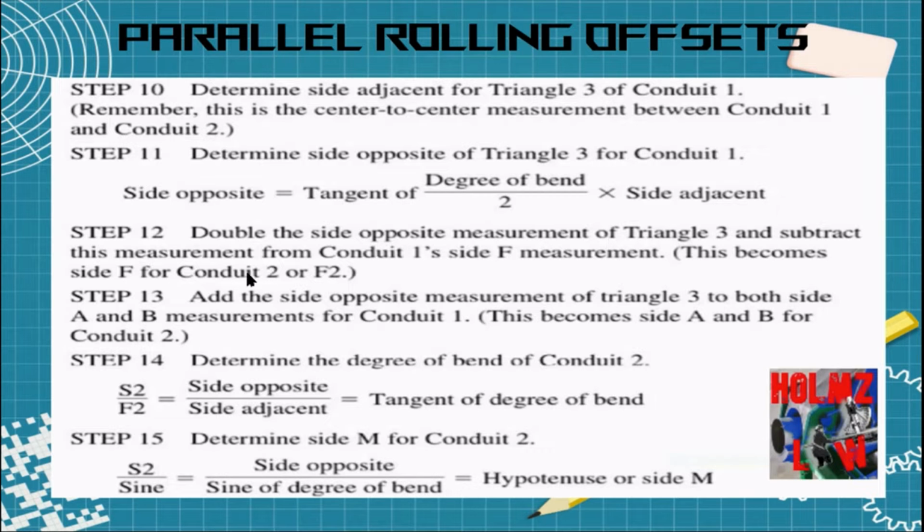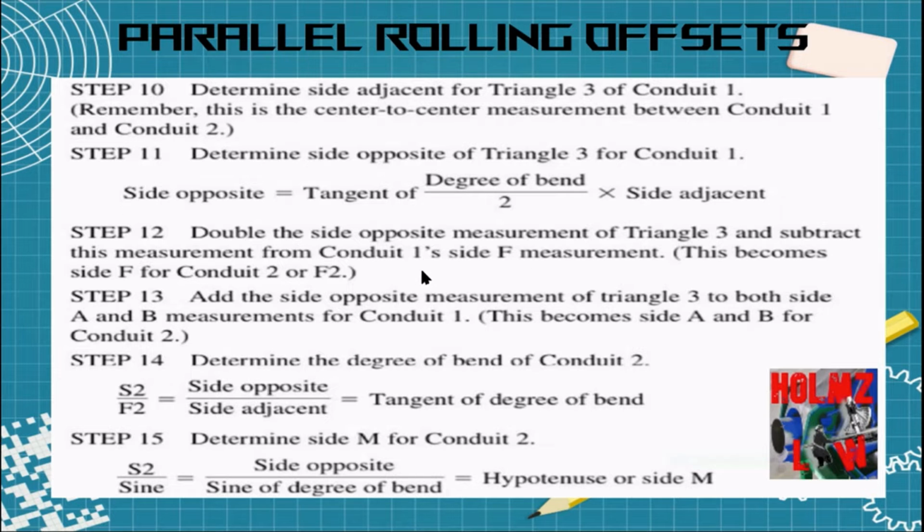Step 12 basically says to double the side opposite measurement of triangle 3 and subtract this measurement from conduit 1's side F measurement. This becomes side F for conduit 2, which will be F2.